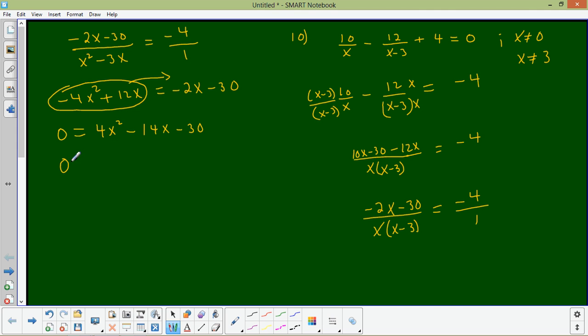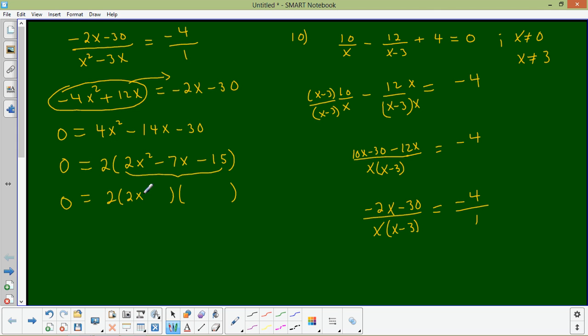Now, from here, I notice in terms of factoring this, they're all multiples of 2. So I'm going to divide by 2 and make sure that's making sense to you. All right. And now in terms of factoring that, you could use the AC method to factor that. If you need some help factoring that, get back to us, let us know.